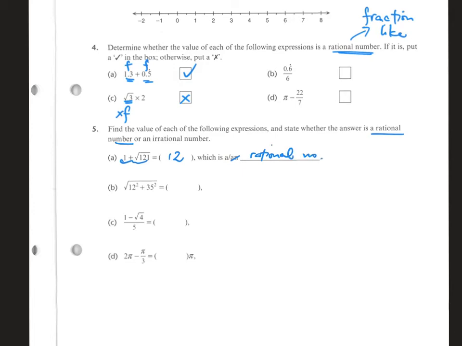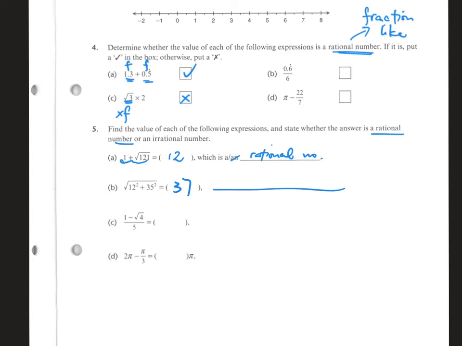And next, part B looks like a surd form, square root, which means it's irrational, isn't it? But because there is calculation on 12 squared and 35 squared, it would be better for you to check the calculator carefully. And you will see that indeed it's 37, so you can draw the conclusion by yourselves.